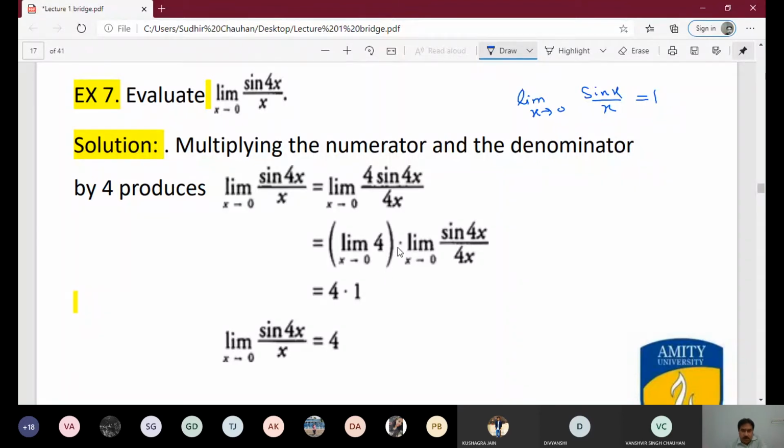So we can separate these limits as a product: limit x tends to 0, 4, and then limit x tends to 0, sine 4x upon 4x. Its value is 1, and here there is no x, so its value is 4. So finally its value is equal to 4. We can say the original question has the limit equal to 4, and that is the answer.